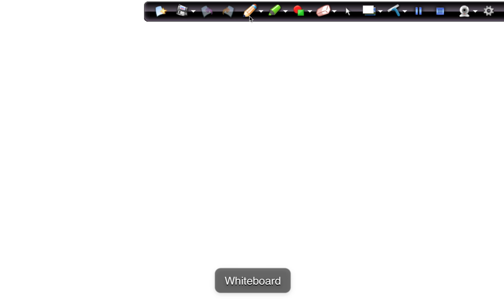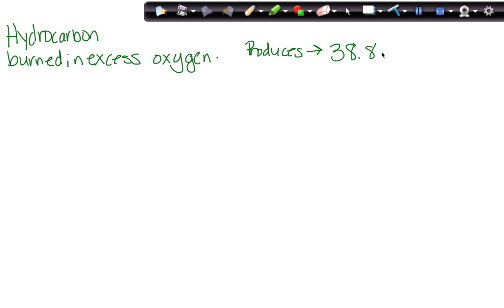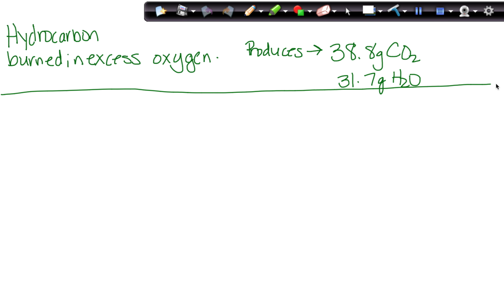That's the end of our example here, but what I want to do next is just do one more example. So I'm just going to do this into a pen, and let's say that we have a hydrocarbon, which remember hydrocarbons have only hydrogen and carbon, burned in excess oxygen, producing 38.8 grams of CO2 and 31.7 grams of H2O, and that was collected in the analysis.